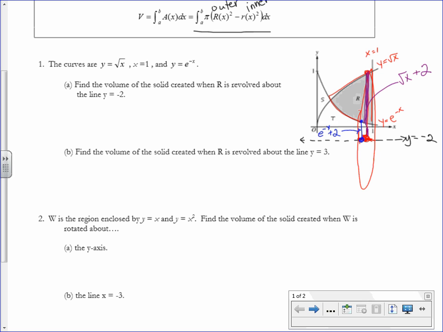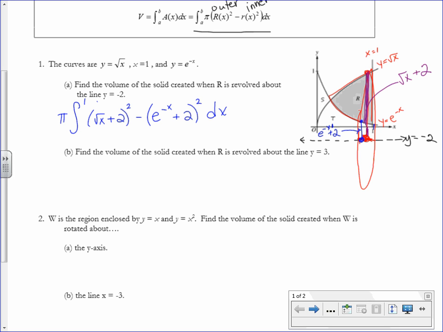So the volume of the solid created is going to be the integral from, I don't know my values yet, some x value out to x equals 1 of pi times the outer radius squared, the square root of x plus 2, minus our inner radius squared, e to the negative x plus 2.